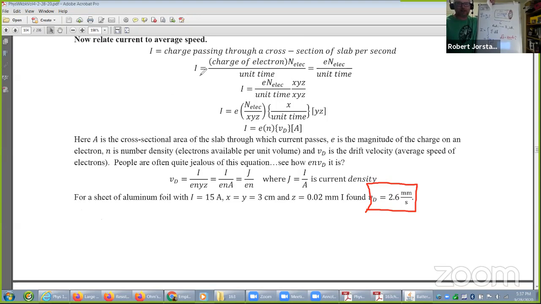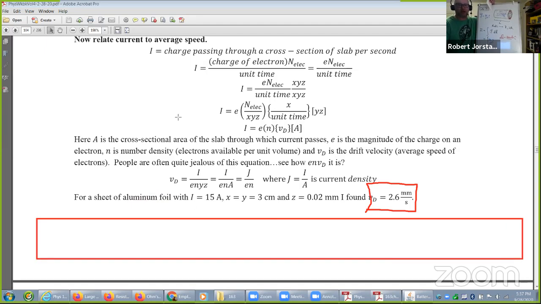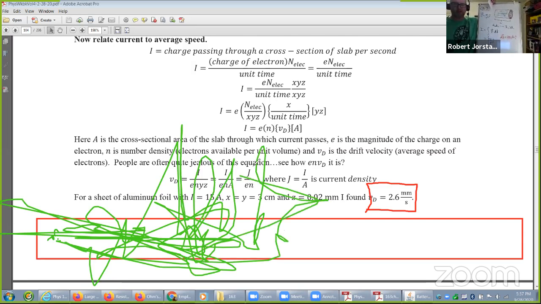So here, let me try and simulate this for you. Let's say we have a wire like this, and let's say this is an electron here. Hopefully you can see these squiggles. The idea is the electron is actually moving extremely fast, but it's going like this all the time, and it's slowly working its way down the wire.